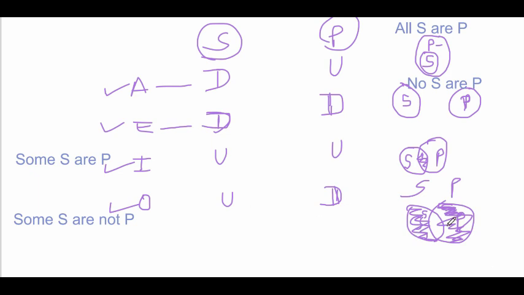Now when they talk about this, some S are not P, it means that some part is in the P. Therefore, it is undistributed. That is, it is not completely inclusive.